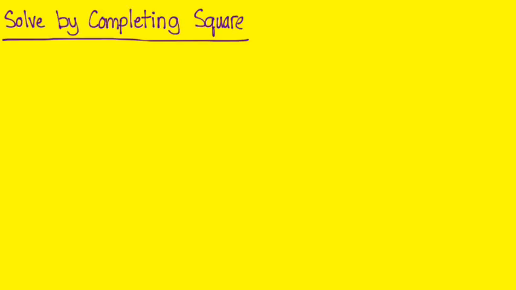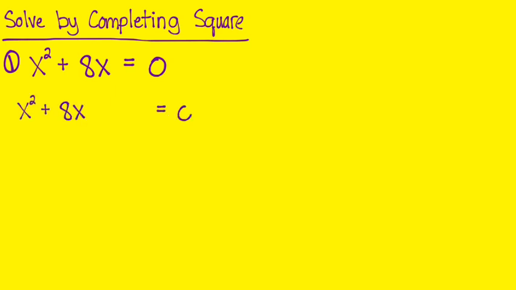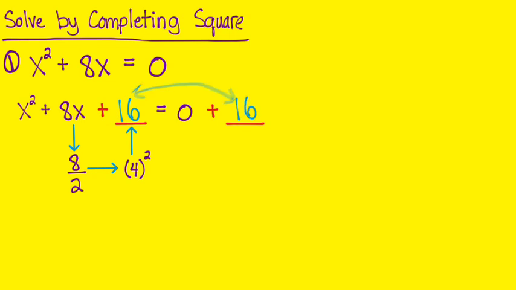Okay, now we're going to go ahead and solve quadratic equations using completing the square. So up until this point, this is what we have been working to, right? So I know I can just move over, add a little space there, and make the perfect trinomial. And so I'm going to be adding 16 to this side of the equation, which means I have to add 16 to the other side.